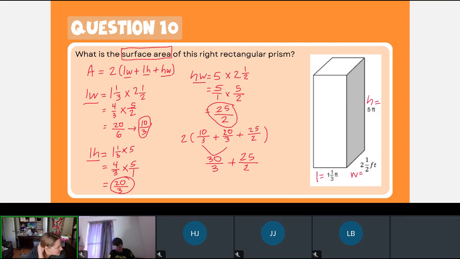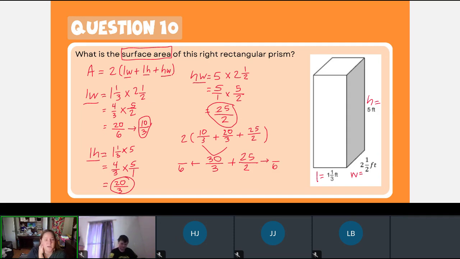And the first common multiple between 3 and 2 is, let's see, 3, 6, 2, 4, 6. So it would be 6. So we need to get this fraction with a denominator of 6 and this one with a denominator of 6.